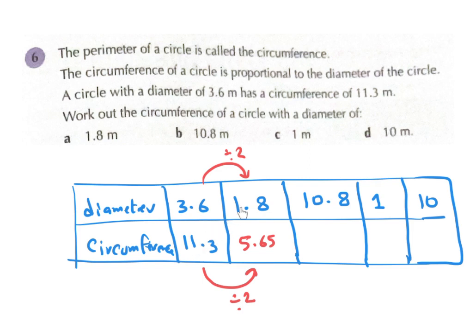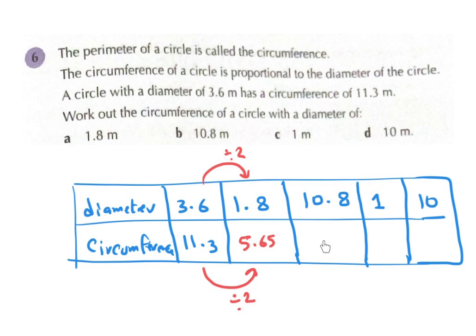Did you get the same answer? This is called the cross multiply method. In direct proportion, we can use it. I think this is easier. So 11.3 times 1.8 divide by 3.6. In one step, you can get this answer.